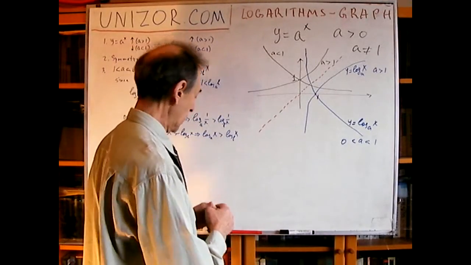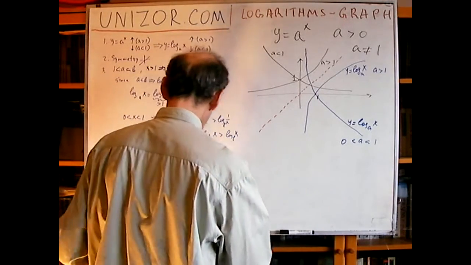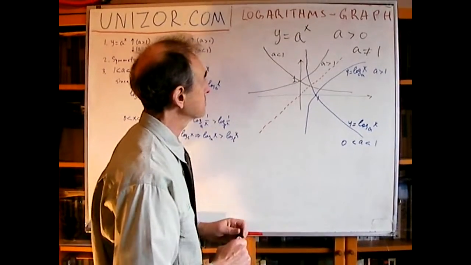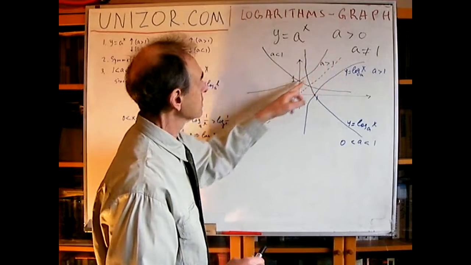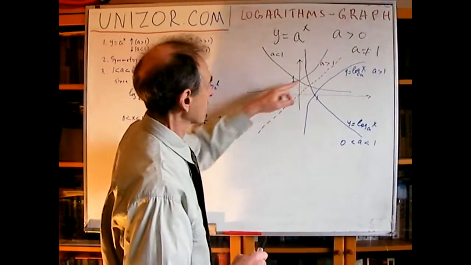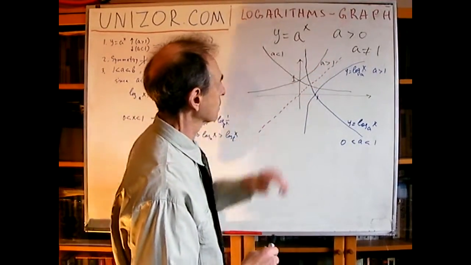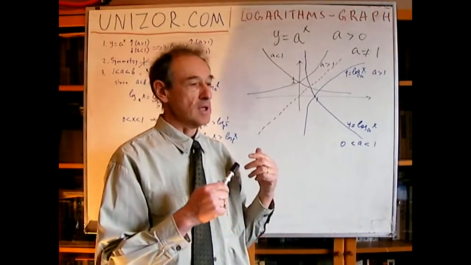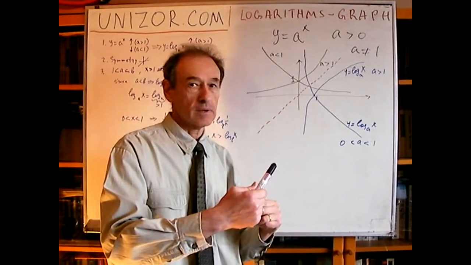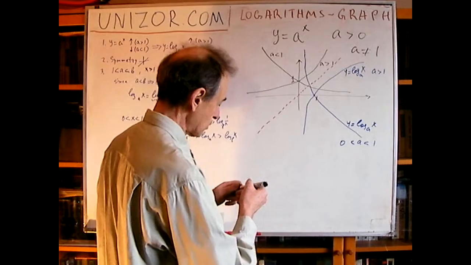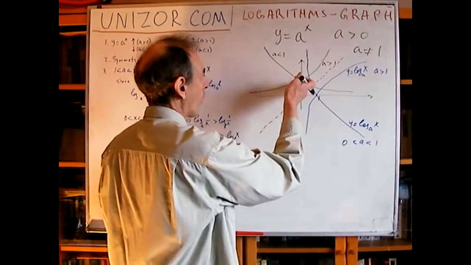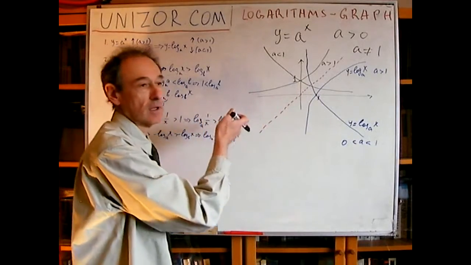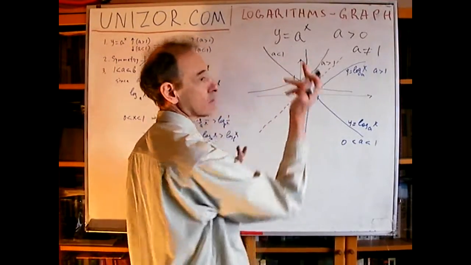Well, let's go again to the graph of the exponential function. Now, for a greater than 1, the exponential function is increasing. If a is greater, then the exponential function would be growing faster or diminishing faster, because the base is greater.